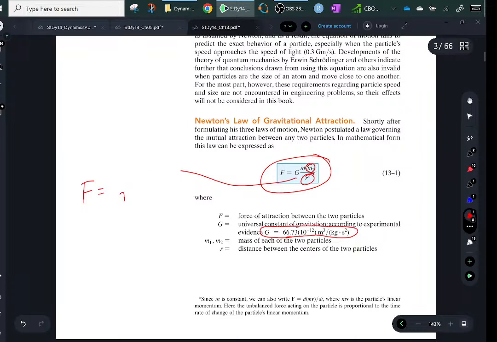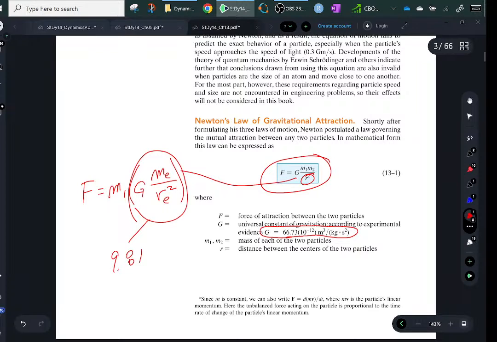Take the mass of a little object out here, like the mass of one, and put in the gravitational constant, the mass of the Earth, and the radius of the Earth squared. Believe it or not, you'll get 9.81 out of that. Whoa, this is like a trick table.